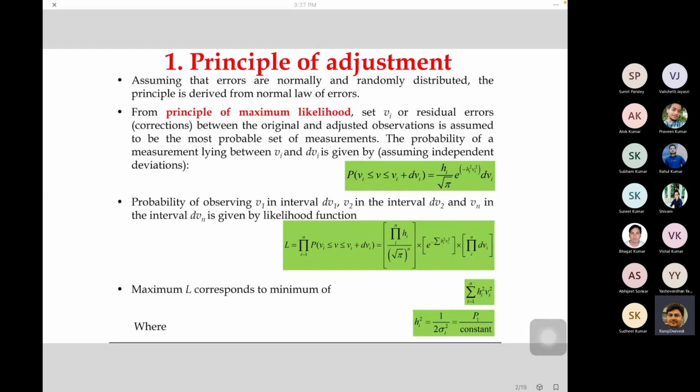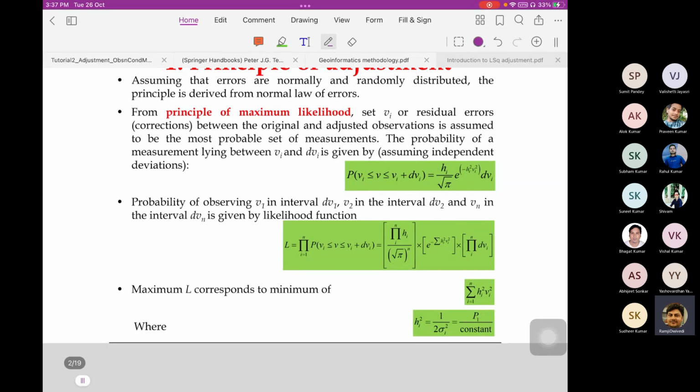The principle is derived from the normal law of error or Gaussian law of errors, and then from the principle of maximum likelihood approach, the residual errors between the original and adjusted observations are assumed to be the most probable set of measurement. That means the set vi, which is the residual vector, between the given observables and adjusted observations, is assumed to be the most probable set of measurement.